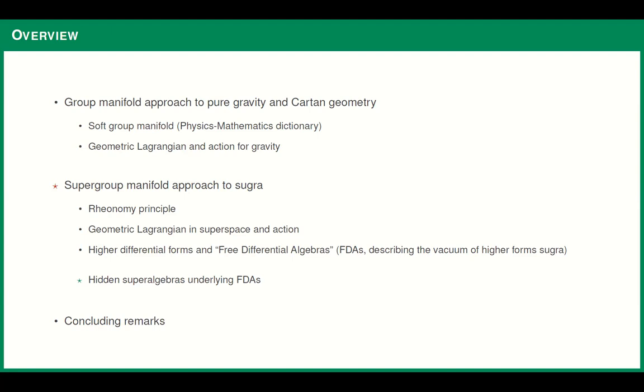And then to the trivialization of free differential algebras in terms of ordinary superalgebras, whose dual description is given in terms of one-form fields and involves necessarily extra one-form fields with respect to the structure that we have on ordinary superspace when dealing with higher dimensional supergravity. And we will also see, despite the presence of these fields, how the theory results to be well-defined in ordinary superspace and to have the physical degrees of freedom one would expect. And then I will conclude with some remarks and possible developments at this stage.